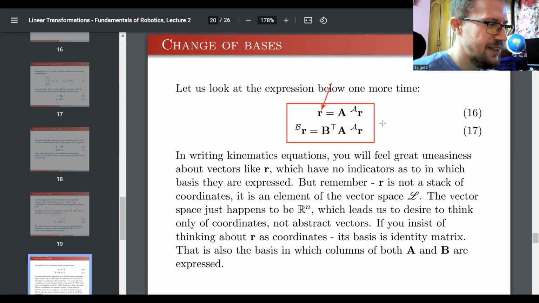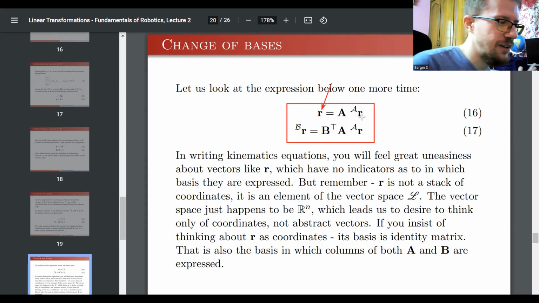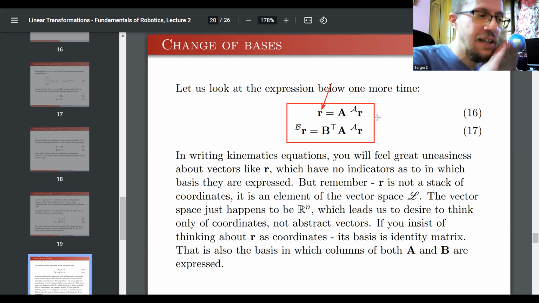So you can use that. But ultimately, what is going on here is that instead of arguing about all vectors lying in some sort of coordinates, we argue about absolute knowledge about R. By definition of the problem, we knew coordinates of R in one of the bases. That was the solution. That was the key.